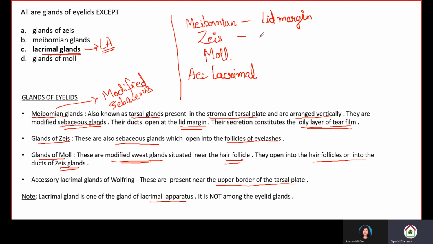Glands of Zeis open into the follicles of eyelashes.